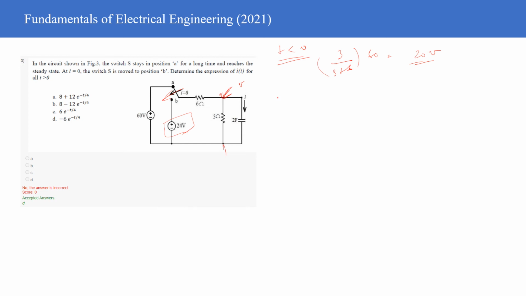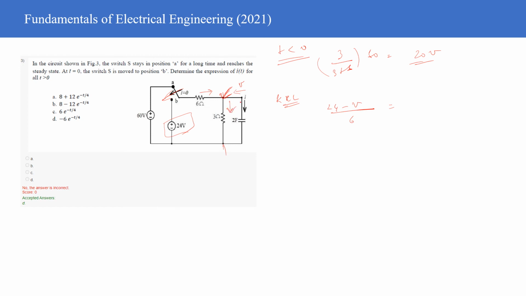Therefore, the KCL at this point will be 24 minus voltage V divided by 6, and this will be equal to, this is the incoming current, right? So the incoming current from this end, and the capacitor would be discharging, and totally it will be flowing in this particular part, right?